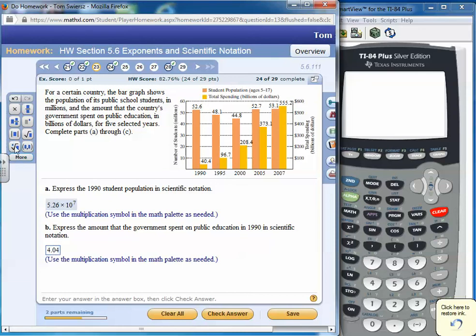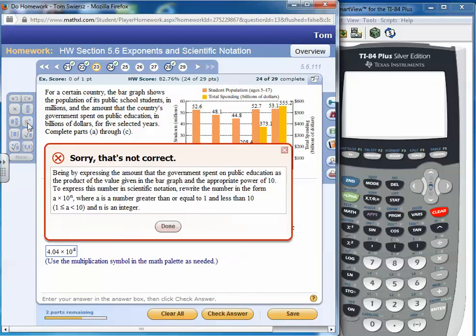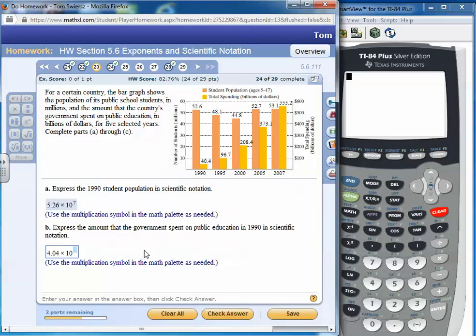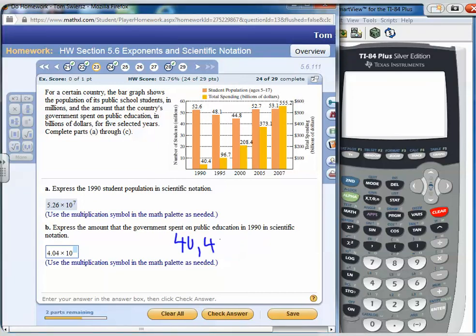4.04 times 10 to the 4th power. I'm sorry. 4.04 billion, I forgot my answer, 40,400,000,000, right?